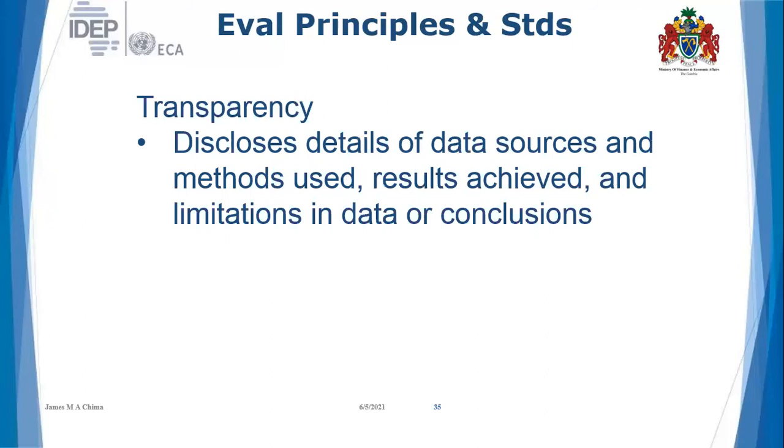Transparency, on the other hand, discloses details of data sources and the methods that have been used, results that have been achieved, and limitations that might have been encountered in data or conclusions. So it lays bare the reality that is associated with the process that we used to generate the evidence that is before us.